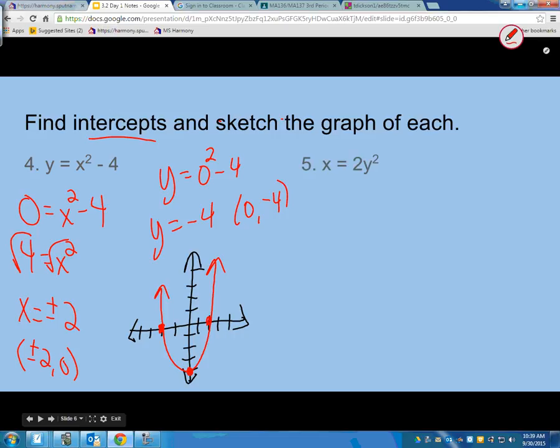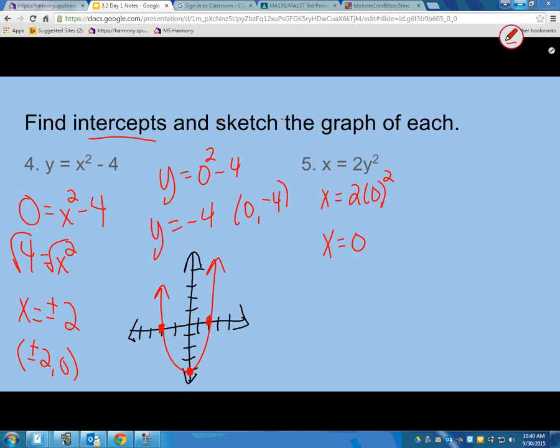What if I gave you this one, though? Definitely can still find the x-intercept and the y-intercept, and then we can see what it looks like, right? So if I'm going to find the x-intercepts, I'm just going to make y equal 0. Which means I get just 0, right?